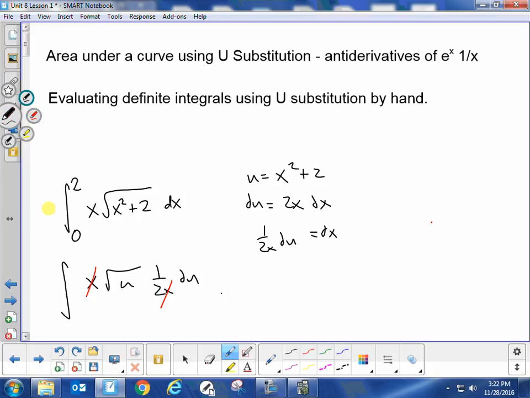I'll take the antiderivative of that, and I get 1/2 times u to the 3/2 times 2/3, so that'd be 1/3 u to the 3/2 plus c, but we know we don't need the plus c, right, because we're going to find the change. Well, here's the problem. If I plugged in 0 and 2 here and 0 and 2 here, this would be wrong. Okay?